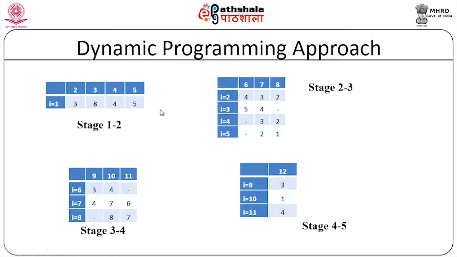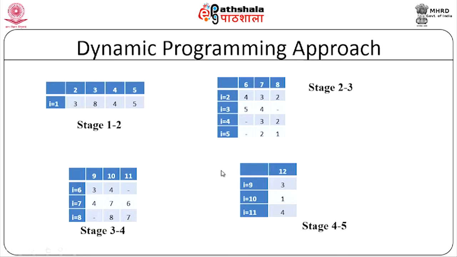Consider this scenario where from 1 you have edges to vertices 2, 3, 4 and 5 with this particular edge cost. Similarly, this is stage 2 to 3 with this cost, this is stage 3 to 4 with this particular cost, and from stage 4 to 5 with this particular cost.